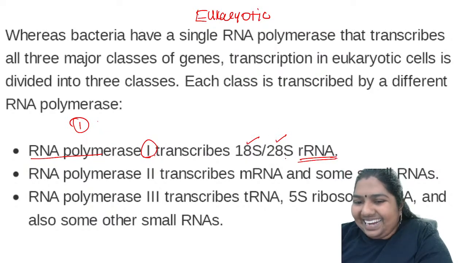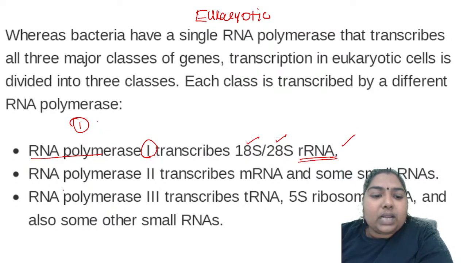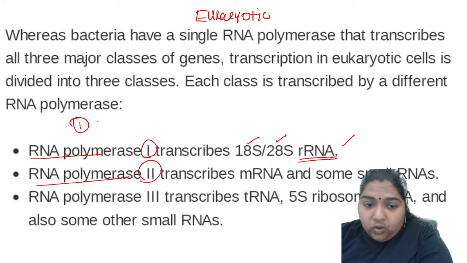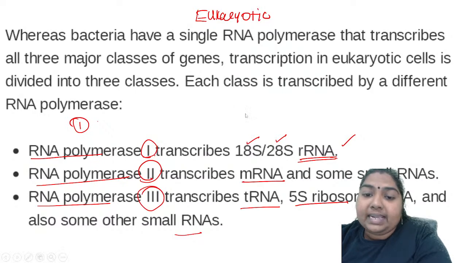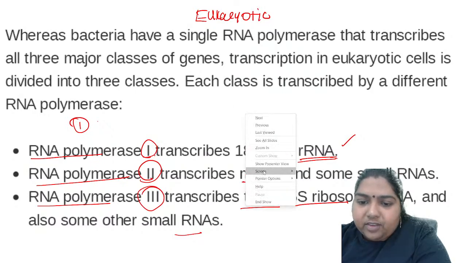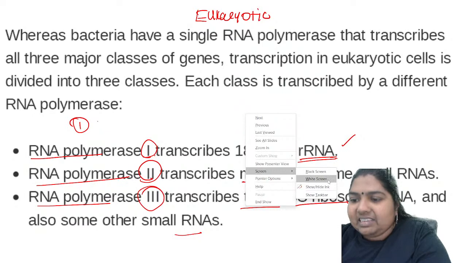RNA polymerase 2 transcribes mRNA. RNA polymerase 3 transcribes tRNA, 5S rRNA and small RNAs. This is a very important slide. One more time, shall we revise.